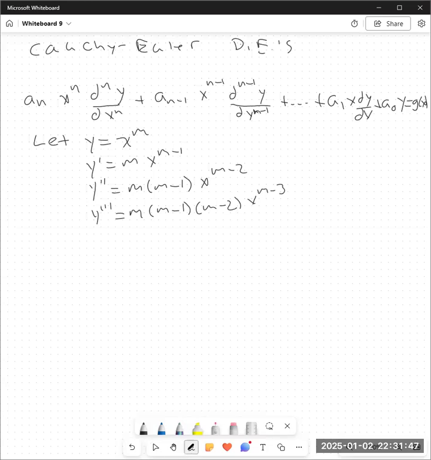I think the highest we're going to go in our examples today is the fourth derivative. So that would be m times m minus 1 times m minus 2 times m minus 3, x to the m minus 4. We're not interested in the trivial solution to these equations where x is 0.